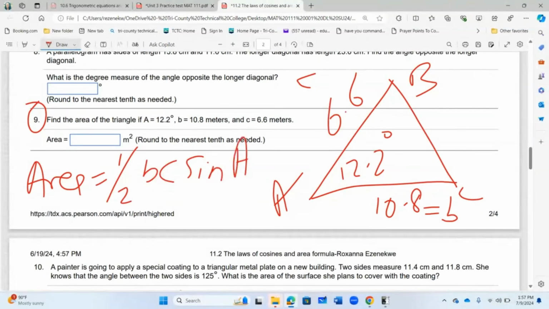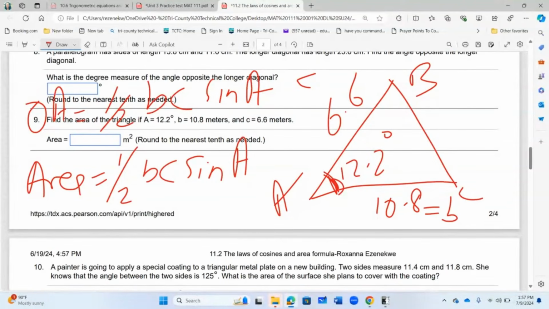For you to use this formula, half AB sine C or half BC sine A, before you use any of these area formulas, you must be given two sides and an included angle.